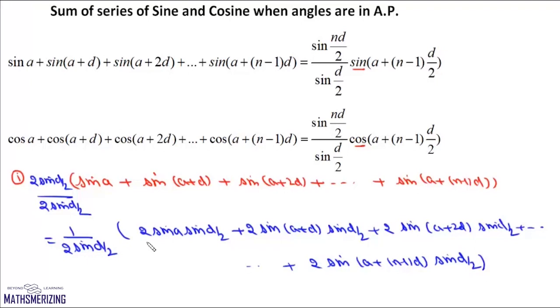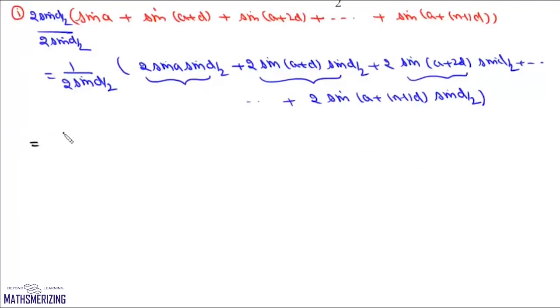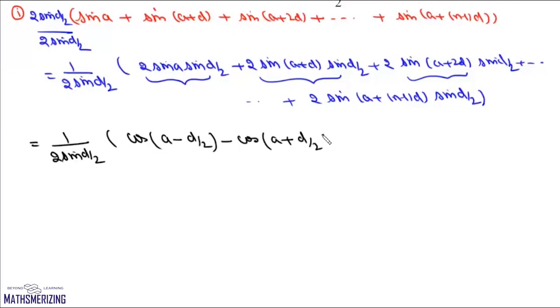Now we know that 2 sine A sine B is cos A minus B minus cos A plus B. So we'll use this formula for each of the term in the expression. Now we can write this as 1 upon 2 sine d by 2. Now cos A minus B in this case will be cos A minus d by 2, and minus cos a plus d by 2.